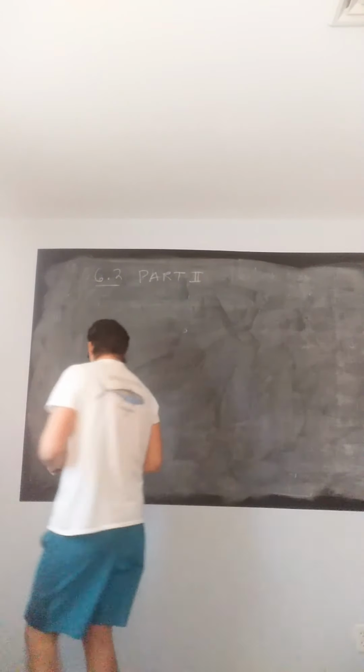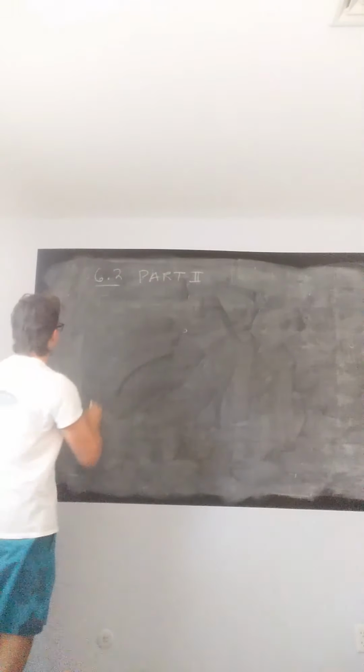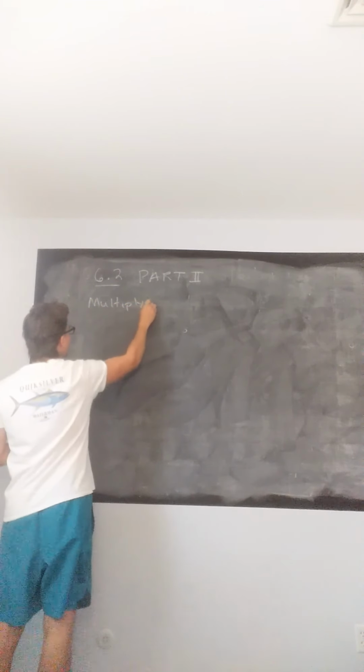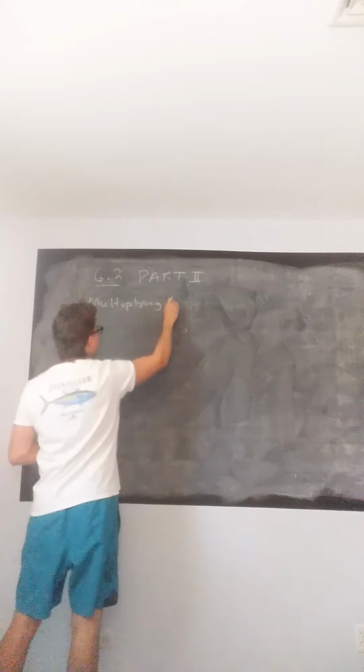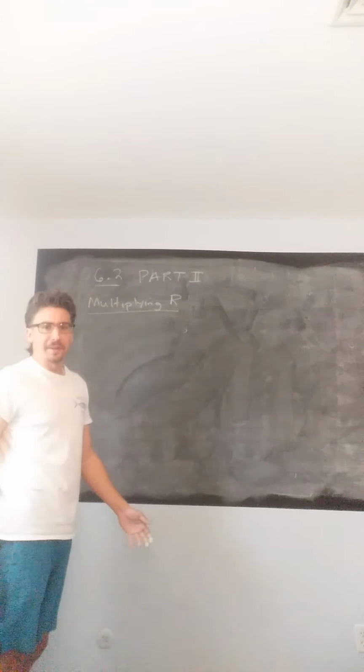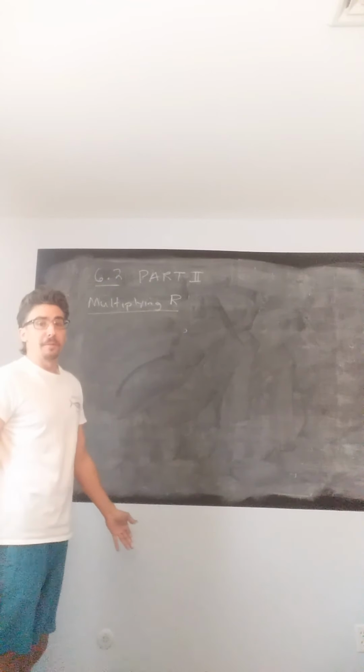So let's take a look at some of the operations we have with real numbers. We'll start with multiplying and dividing first. The more interesting cases are when we have signed numbers like integers or other numbers.